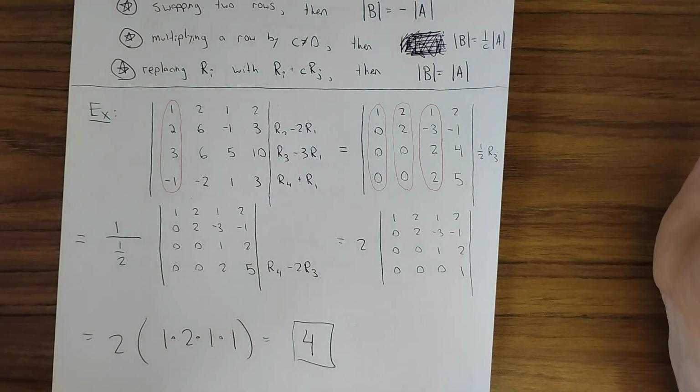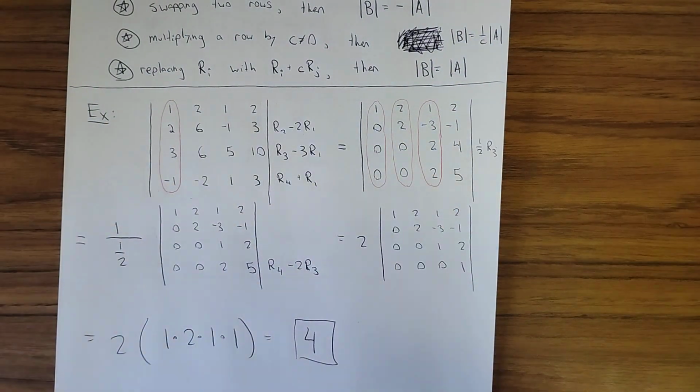I constructed the example so that we would sort of miraculously get more zeros than we bargained for. So this is still a little bit of a concocted example just to illustrate something, but this is in general a reasonably efficient method in practice. If you have to do a 4x4 determinant by hand, this is a reasonable method. Try to get it upper triangular using these row operations.